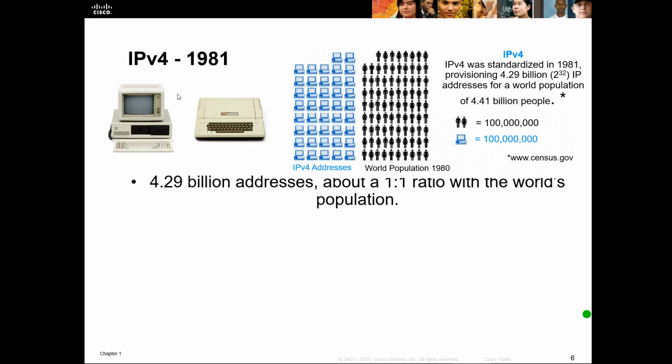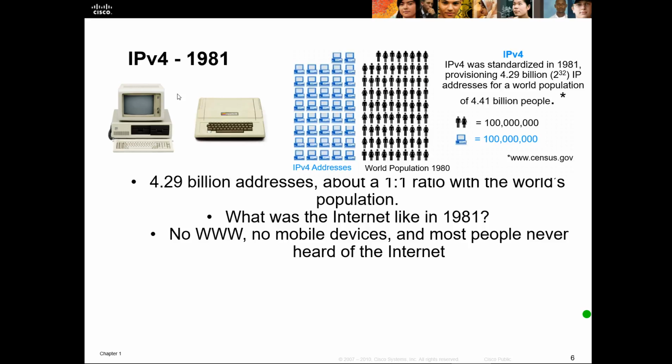So that's a 1-to-1 ratio. But we're also talking about the internet in '81. That's no internet, no mobile devices, no one's really heard of the internet, no smart devices, no refrigerators, no real smart devices. That's one of the key problems.